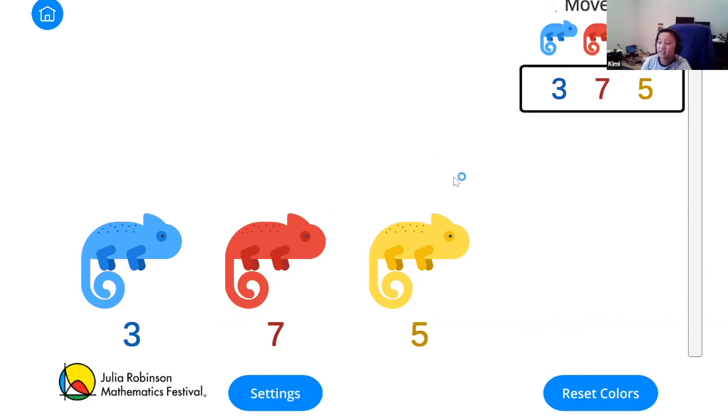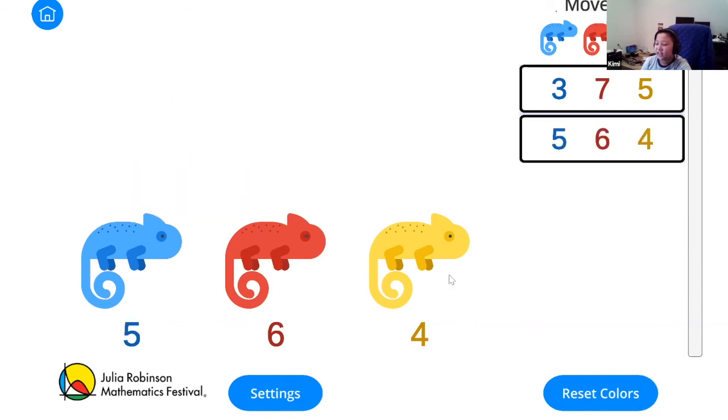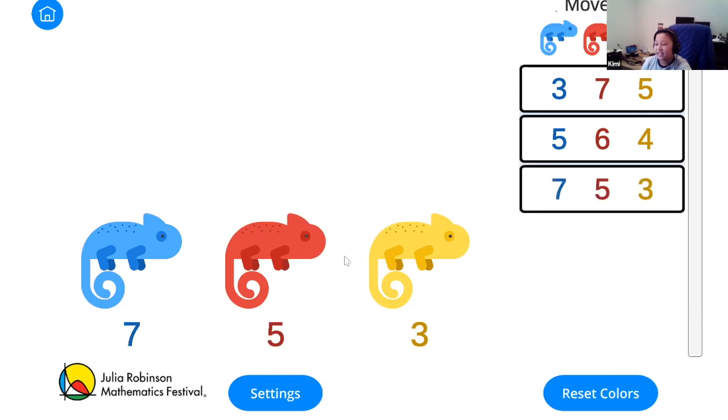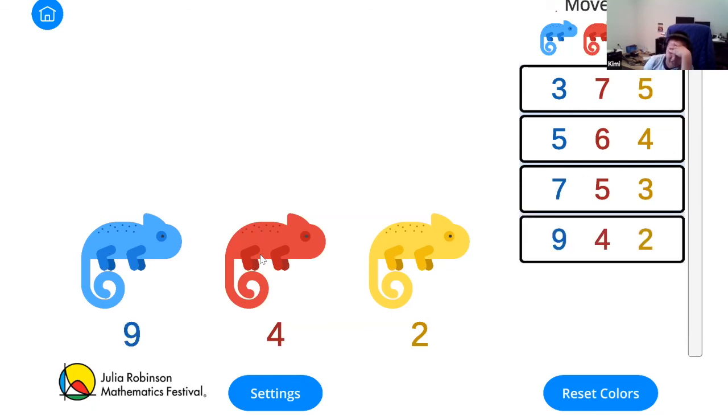Yellow with red. Yellow with red again. Yellow with red again. And we keep going that way till yellow disappears. Yellow and red.